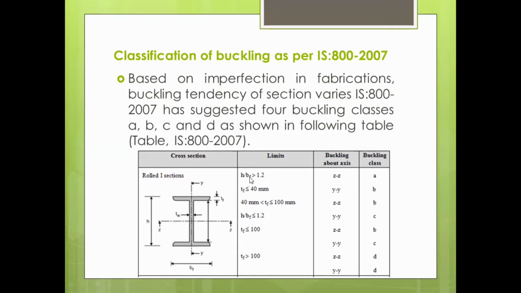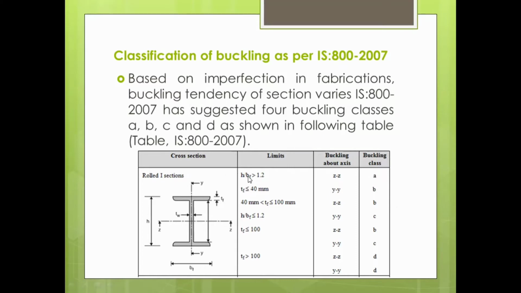So if this ratio H by BF is more than 1.2, then thickness of flange less than or equal to 40, then thickness of flange should lie between 40 and 100. So accordingly, for each limit, there will be a buckling class indicated.